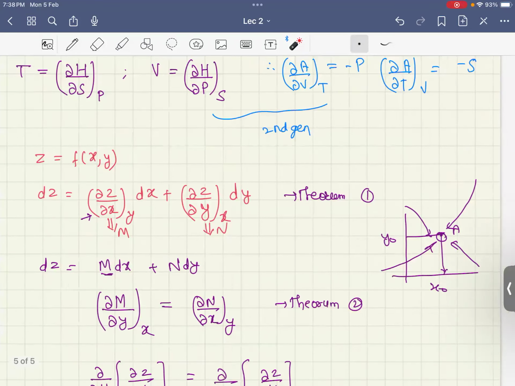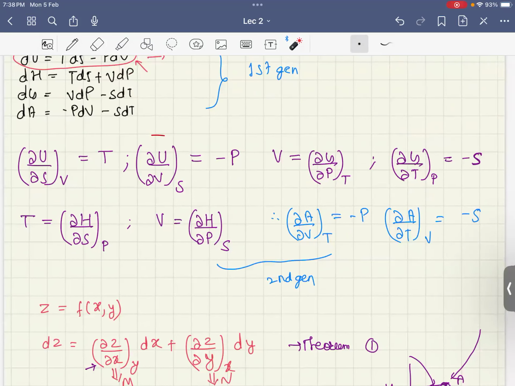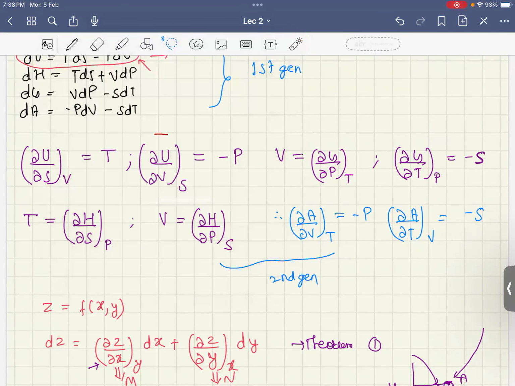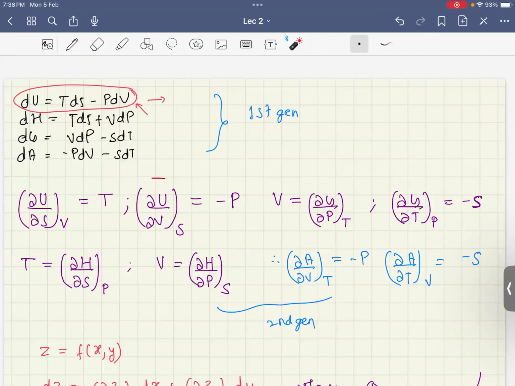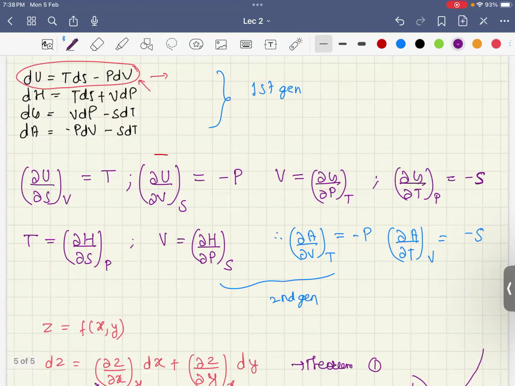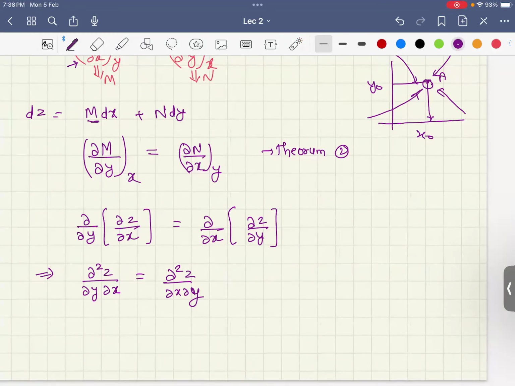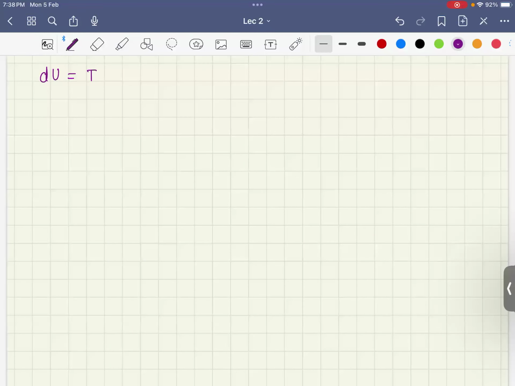So let us assume that we are now just looking at this expression. I think it's better if I write this again. Let us assume that dU is TdS minus PdV, U as a function of S comma V. So we already know this.